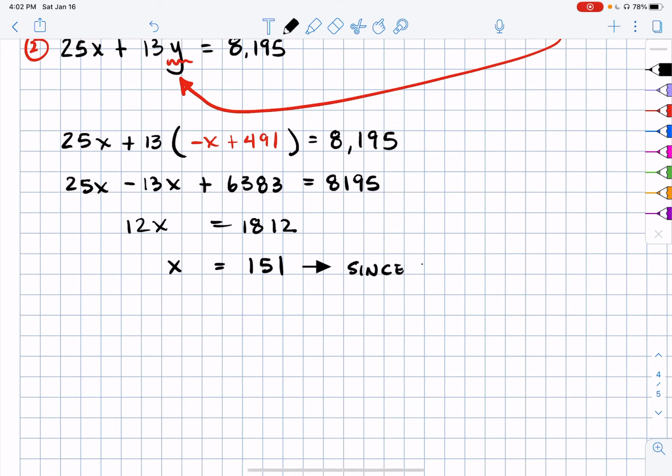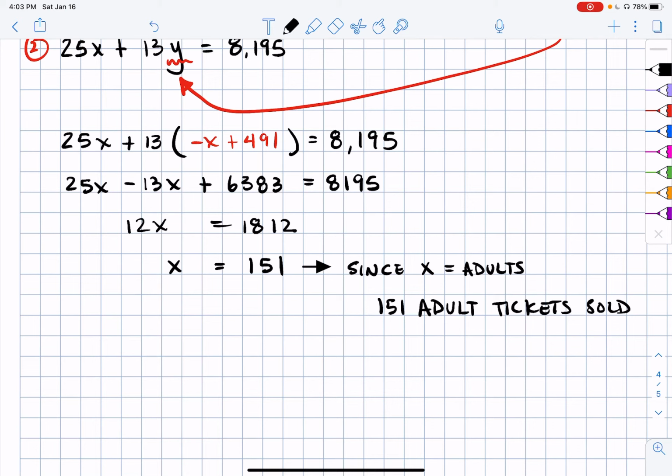Since x equals adults, I know that there were 151 adult tickets sold. But the question didn't ask for adult tickets, it asked for senior tickets.